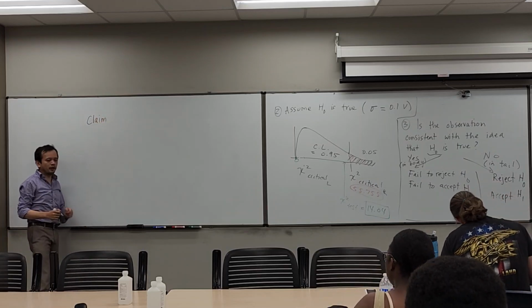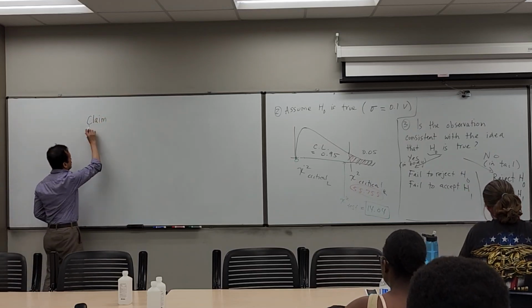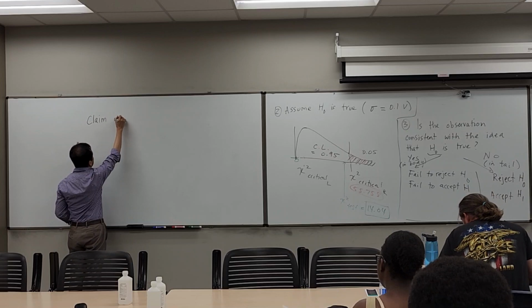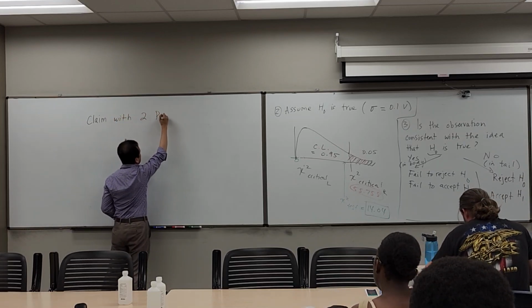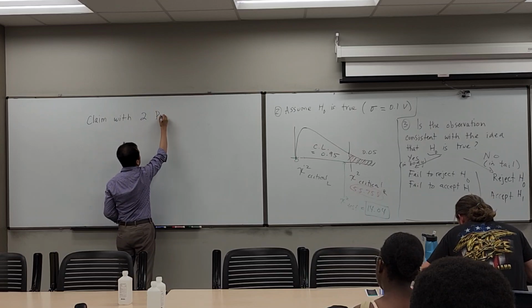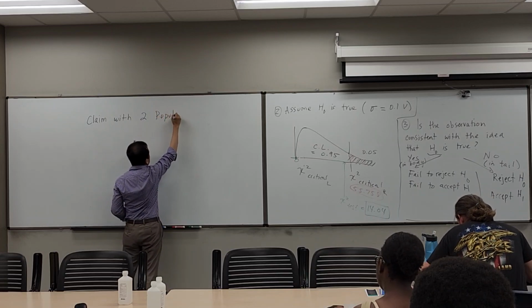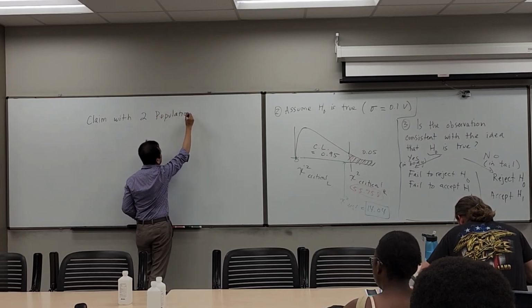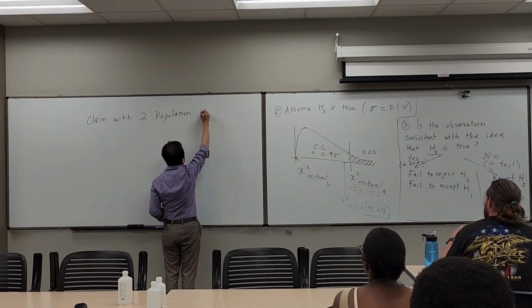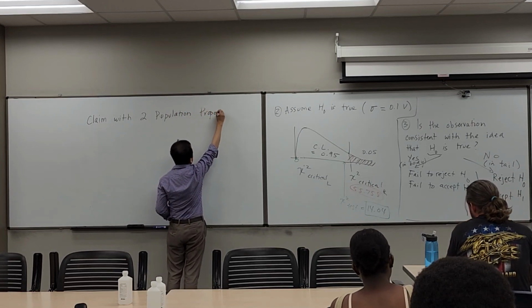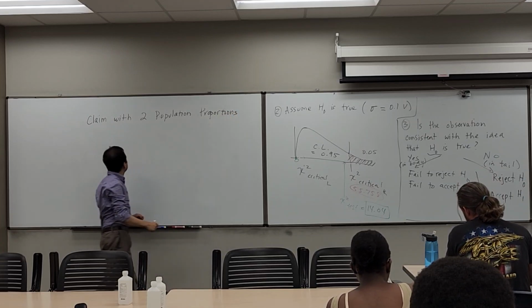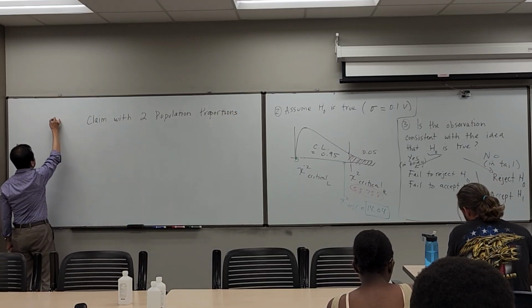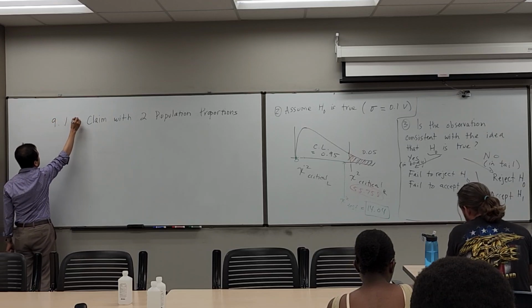So again, this will be a hypothesis test having a claim with two population proportions. So this will be section 9.1.